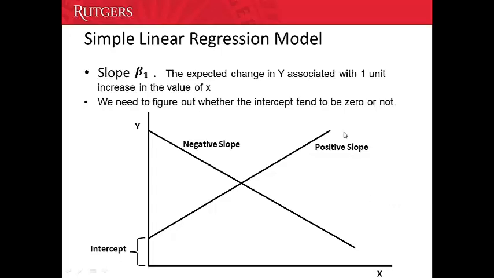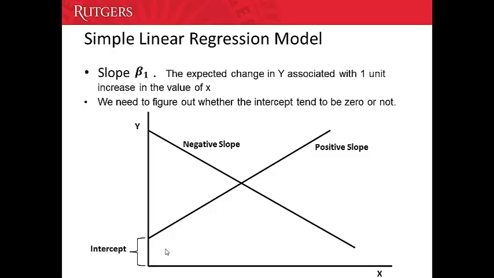Except the slope, we have another parameter, beta 0. We call it the intercept. So what is the intercept? The intercept is the expected value of the dependent variable y when the independent variable equals 0.